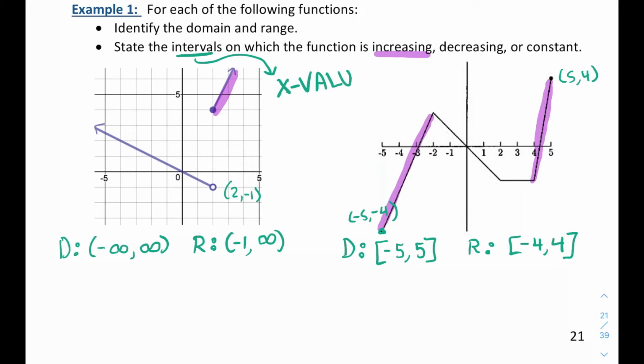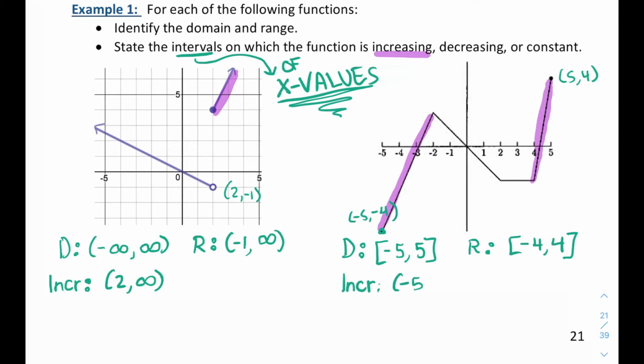So we're saying it's increasing for this set of x values. So from 2 to infinity, and those are actually always parentheses because it's not really increasing at your endpoints. For my other function, it's increasing on the left between the x values of negative 5 and 2, and then also, so union, the x values of 4 to 5.